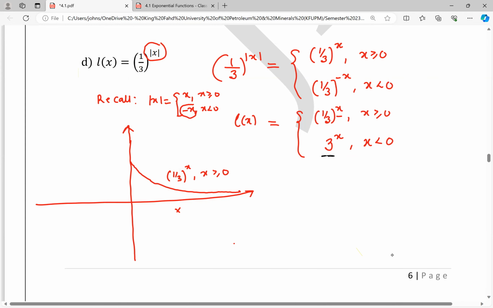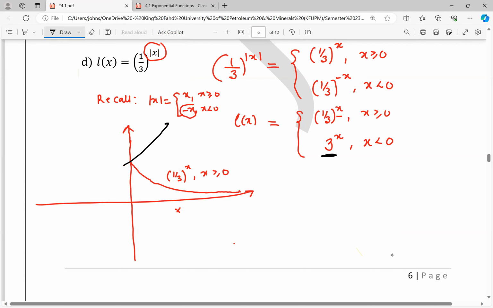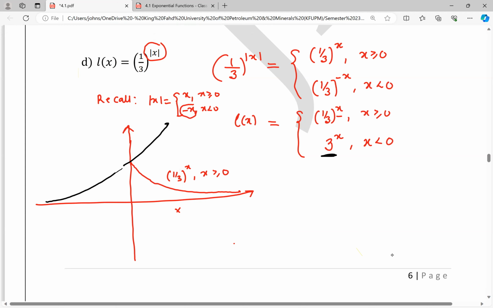Now, for the second part, this one is an increasing function, so it's going to be like this. It's supposed to keep going, but it cannot continue because you are only interested in the part that is less than 0.